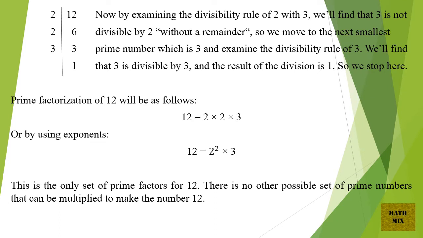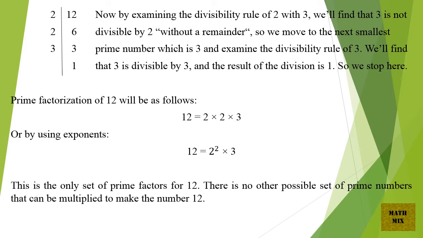Now, by examining the divisibility rule of 2 with 3, we'll find that 3 is not divisible by 2 without a remainder, so we move to the next smallest prime number, which is 3, and examine the divisibility rule of 3. We'll find that 3 is divisible by 3, and the result of the division is 1. So we stop here.